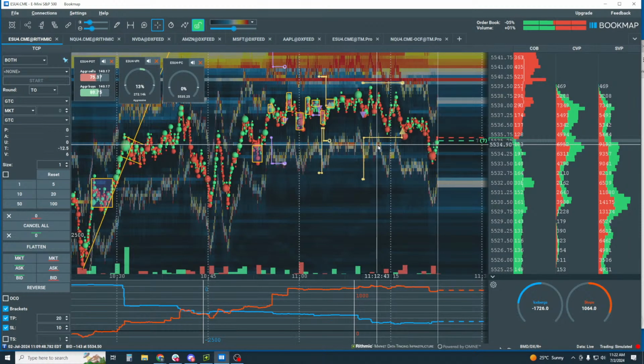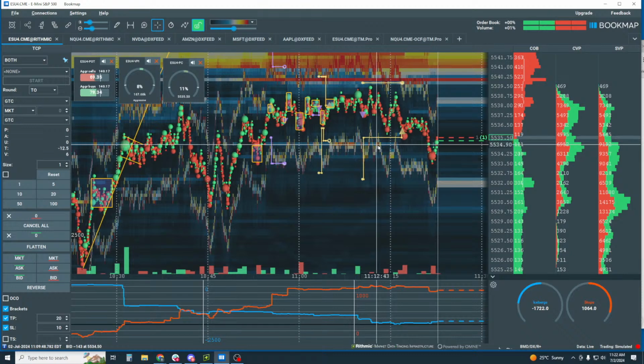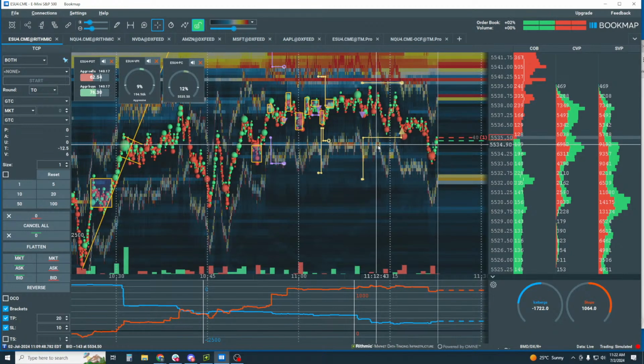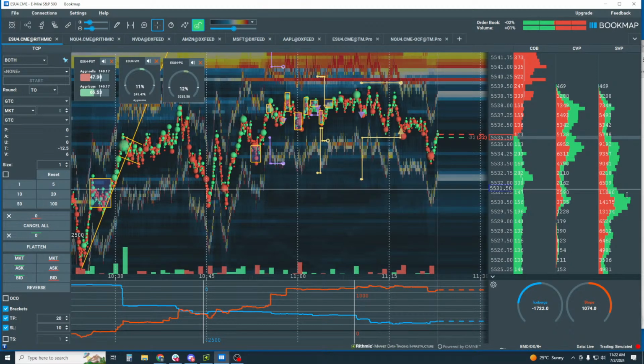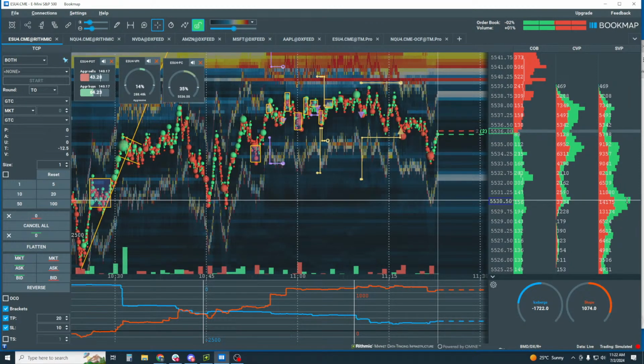Instead, we just want to simply understand the condition of the auction, the buyers and sellers, and what their activity is. That's what we want to read. And we can attach a name to it, and this one would be a mean reversion trade, back to the high volume node here.